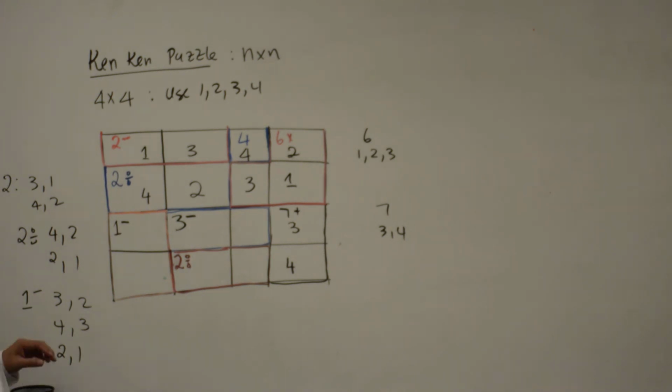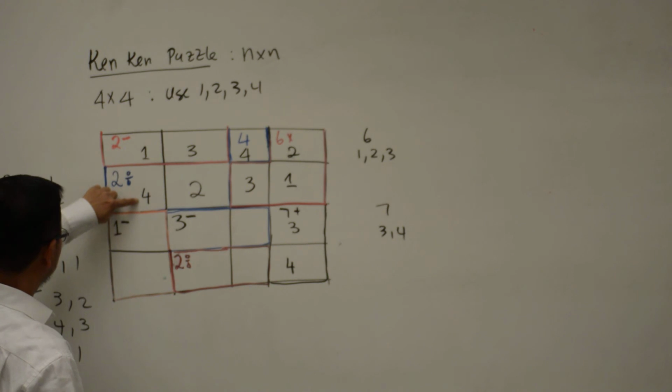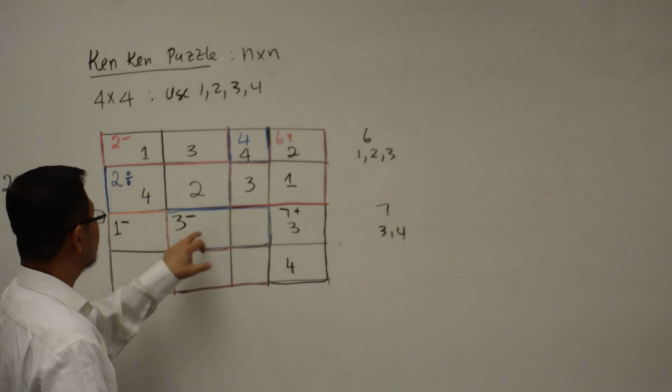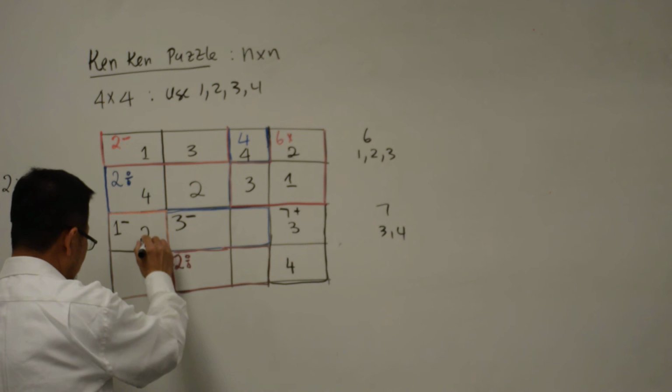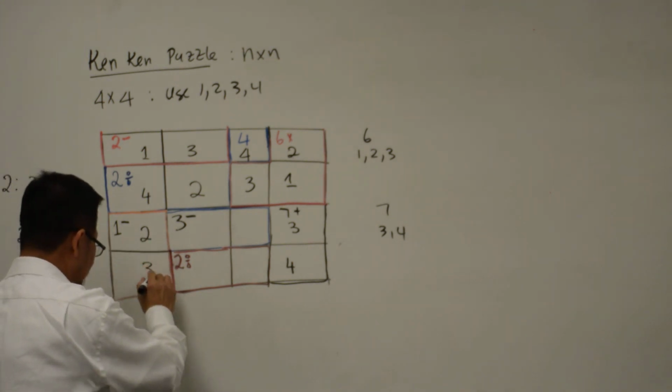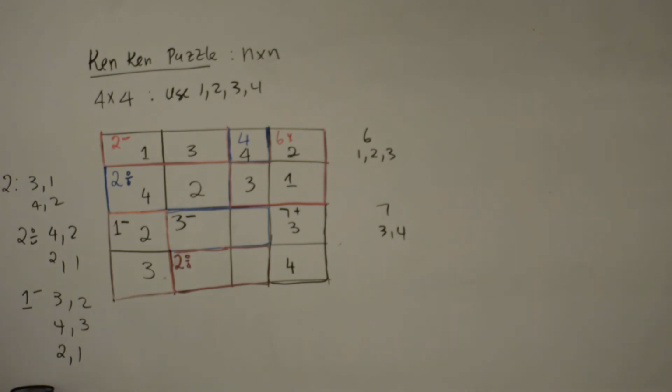So we know that we have 4 in this one already, so we cannot use 4 anymore. We have 3 here, so we cannot use 3 in this one, so I can use 2 here. If I use 2 here, this one should be 3 in the column. That's the case now.